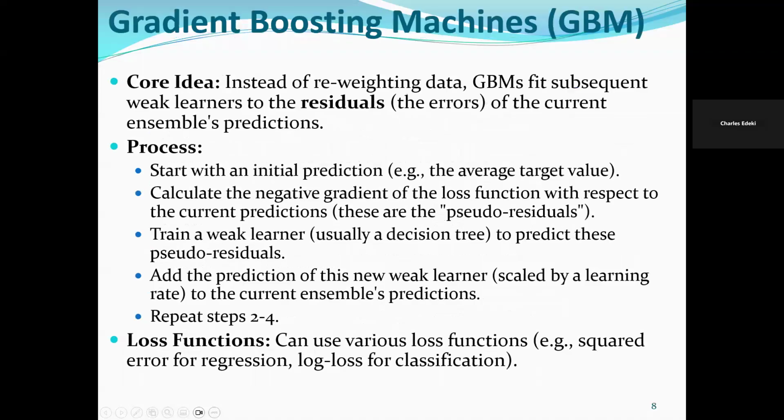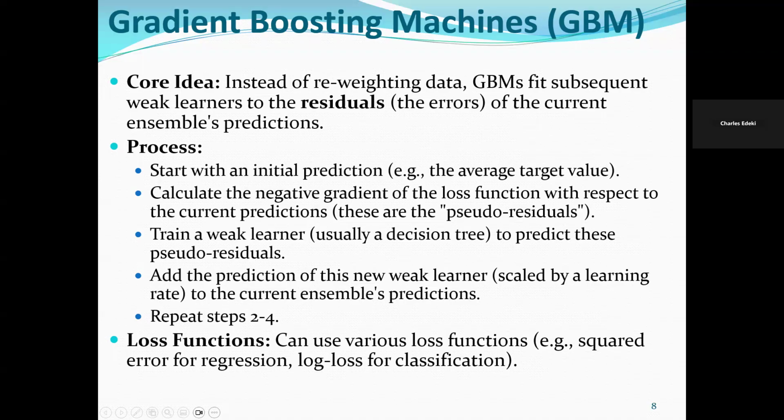Now we're going to discuss the concept of gradient boosting machines. Let's read straight from the slide, the core idea. Instead of reweighting the data, GBMs fit subsequent weak learners to the residuals, that's the errors of the current ensemble prediction.